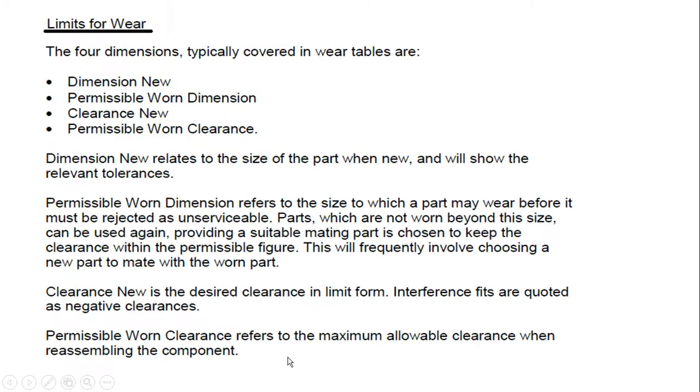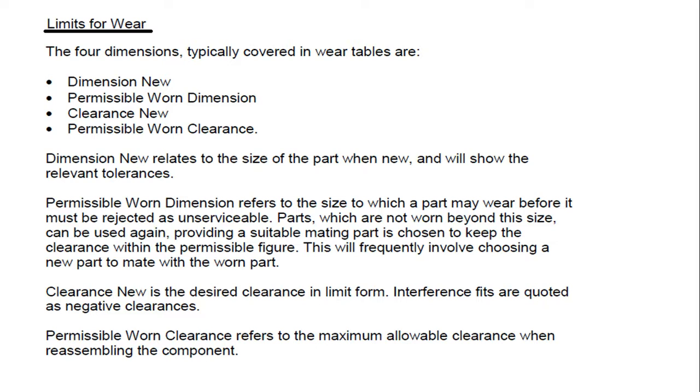So now come to the limits of wear. When we talk about the limits of wear, we have to take care about these four points: the dimension new, the permissible worn dimension, the clearance new, and the permissible worn clearance. Now come to the first part, which is the dimension new.